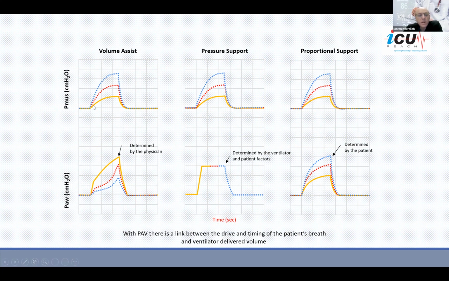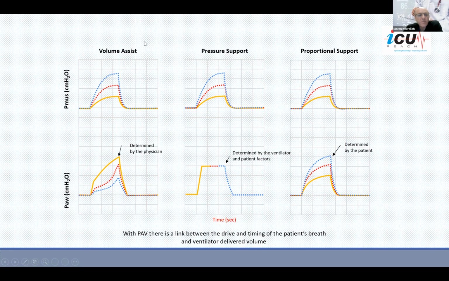So we have 3 colors here, which represent 3 levels of patient's efforts. And here we're measuring the PMUS, which is the pressure generated by the patient. In the orange solid line, you can see the pressure is at minimum. In the red dotted line, the patient generated higher pressure. The work of breathing for the patient increased. And in the blue dotted line, it increased even further.